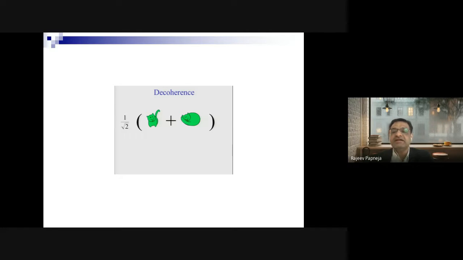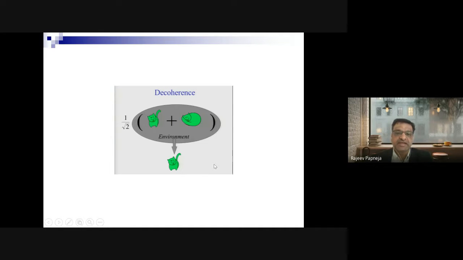And we understand why that's the case. It's because a real cat can't possibly be perfectly isolated from its environment or its surroundings. In theory, if you put it in a container and seal it, it is possible to isolate it from the environment, and that is why the superposition or entanglement is possible.